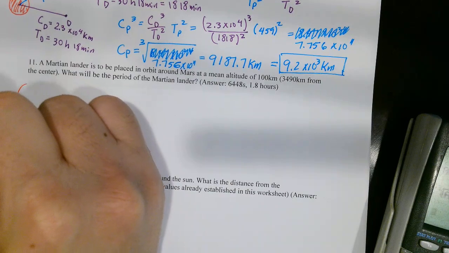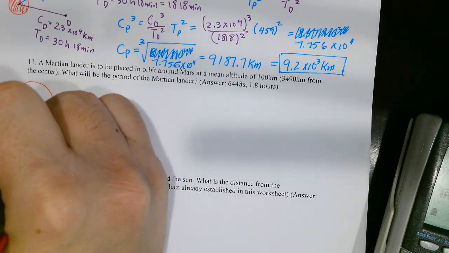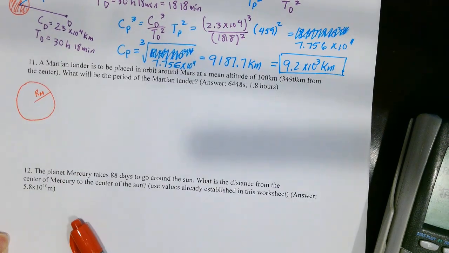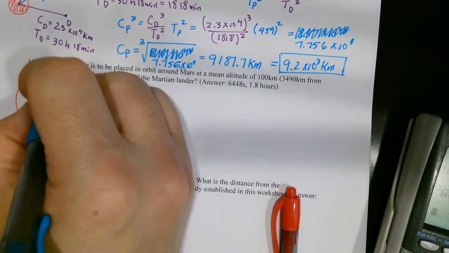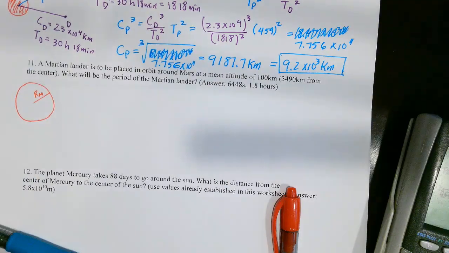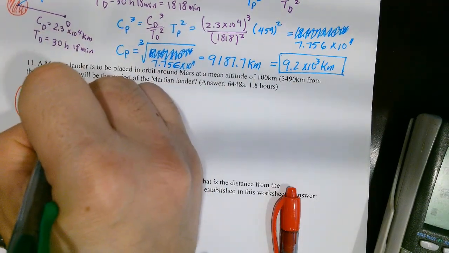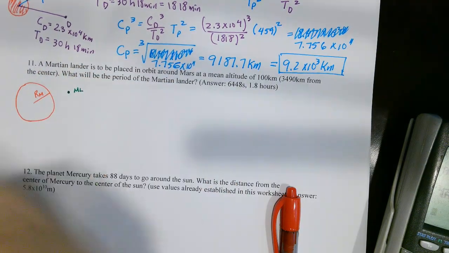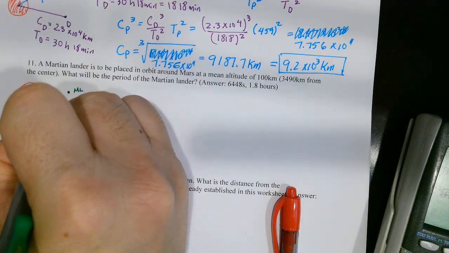Here, this is the radius of Mars, and this is the altitude of the lander, I guess, right? Let's see, I need a different color. So Mars lander is this, and this is the altitude.